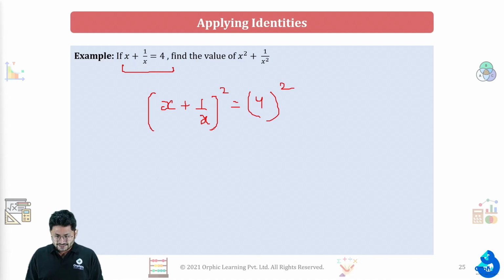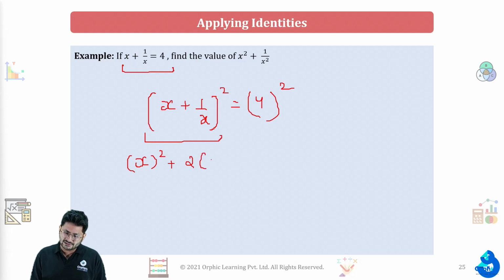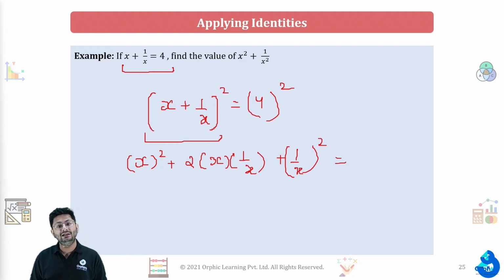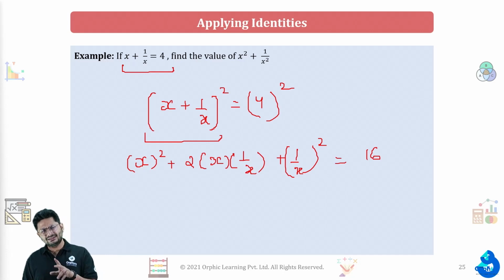So let's see. So using the first identity a plus b का whole square, so will open it as a square plus twice of a into b plus b square. And the right hand side would be written as 4 square, that is 16. Now left hand side पे middle वाला term देखो कि x into 1 by x, तो ये तो cross होने वाला है ना?